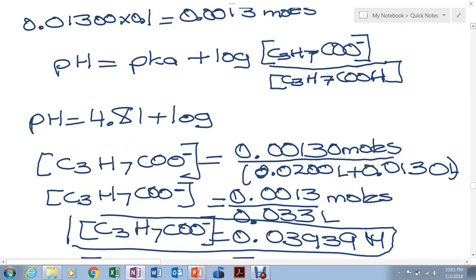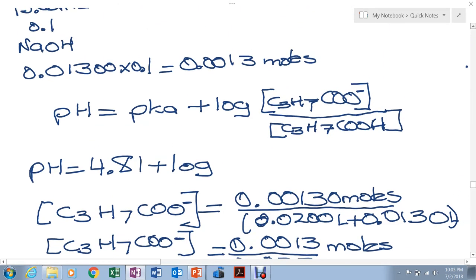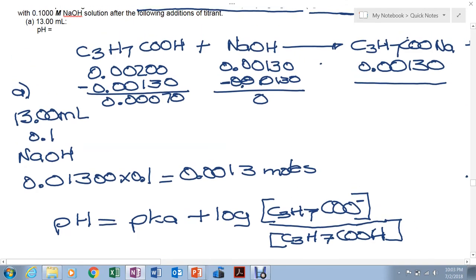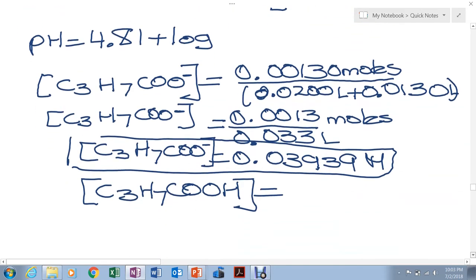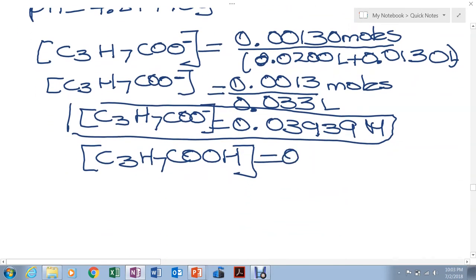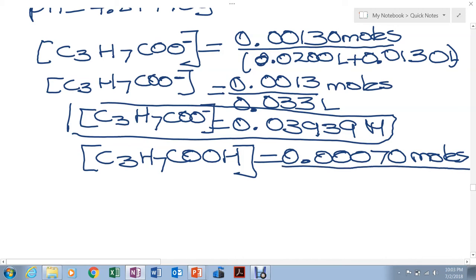And what you have left is the excess of acid, 0.0007 moles, and you divide it by, again, the same volume, in liters.